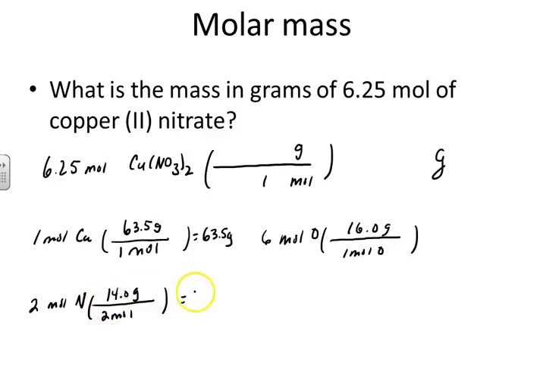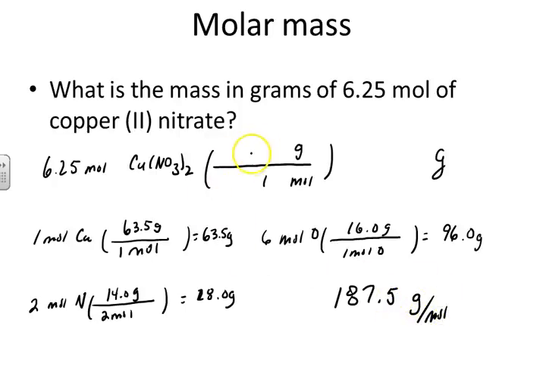So that's 2 times 14 is 28 grams of nitrogen. And we've got 6 times 16 is 96. So our sum total is going to be 63.5 plus 28 plus 96. It gives a total of 187.5 grams per mole of copper(II) nitrate.